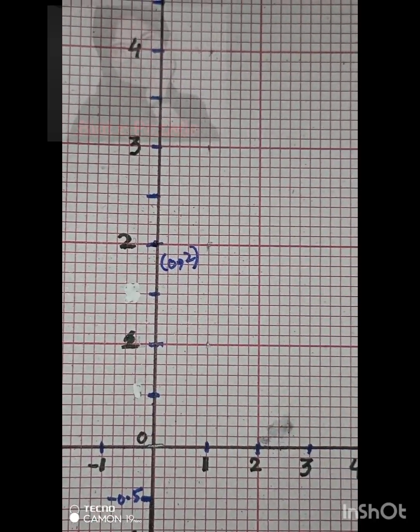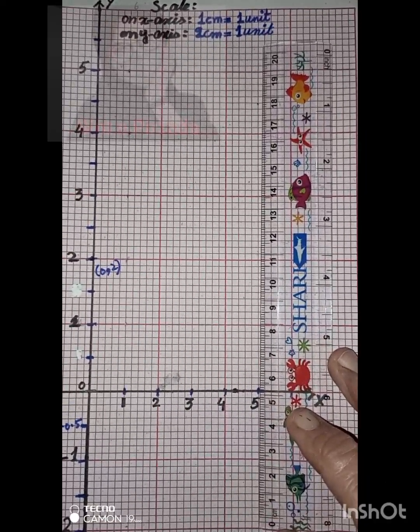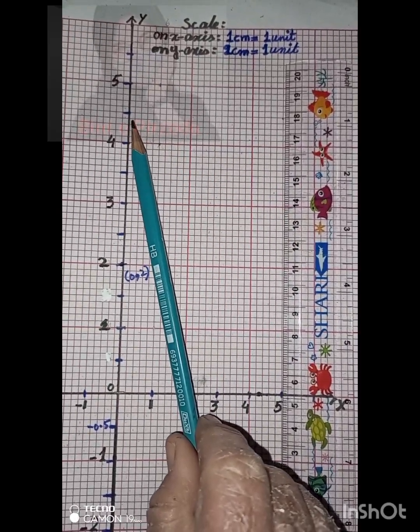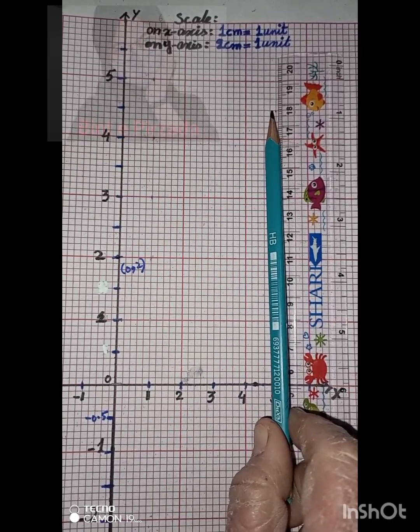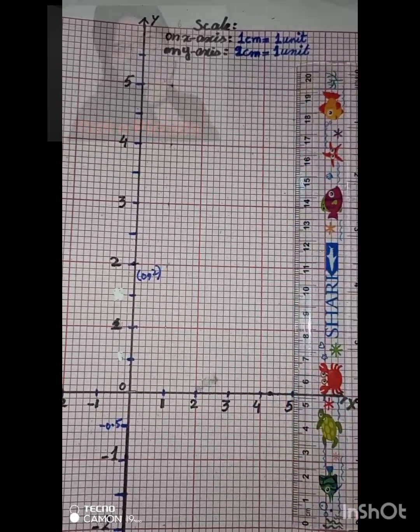Third point is 5 and 4.5. See, you will put the scale on 5, like this, and then from 4.5, between 4 and 5, this point will be 5, 4.5.